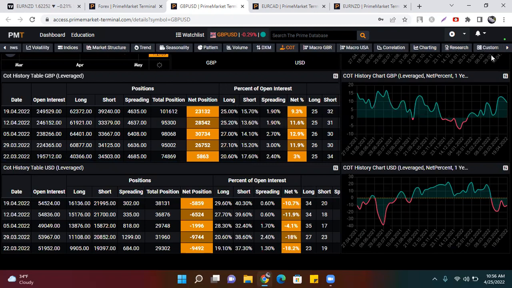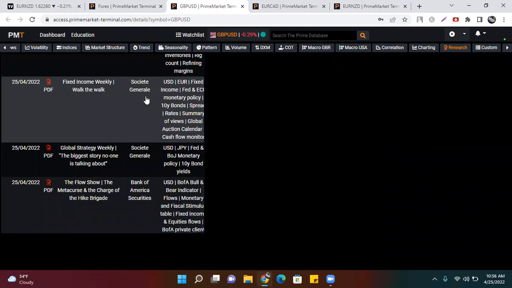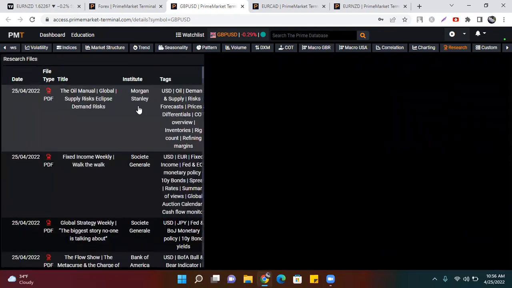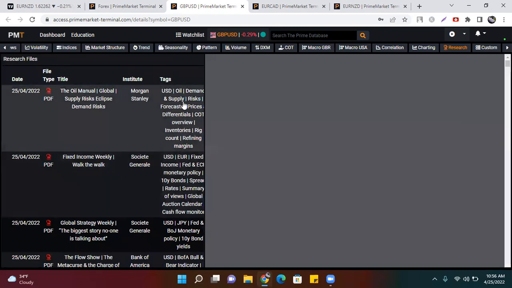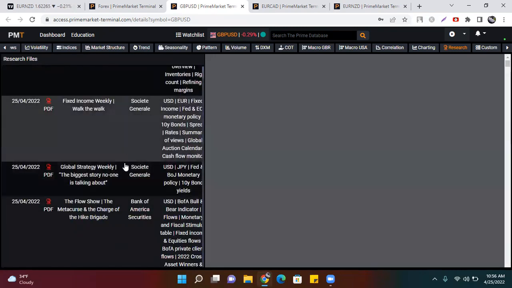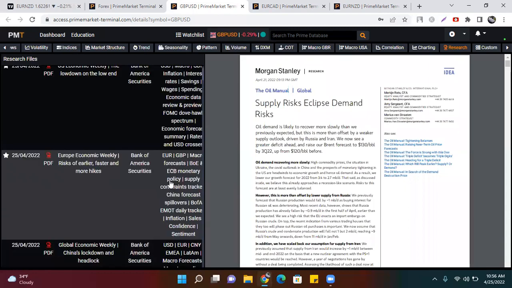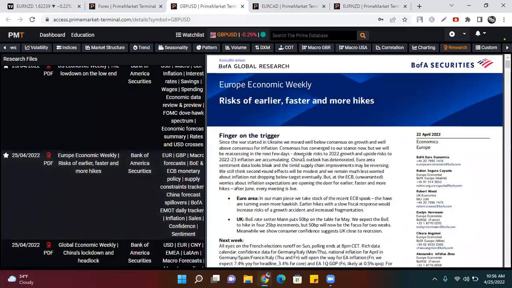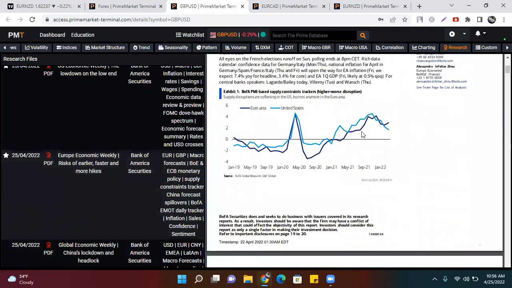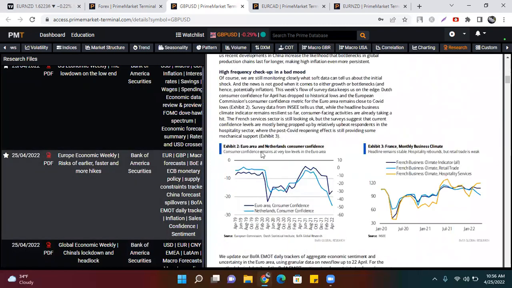Also, you pair that with fundamentals in the research tab. They show you the tags, and they show you which pairs have to do with it and how investors are feeling, how the euro is performing, et cetera.